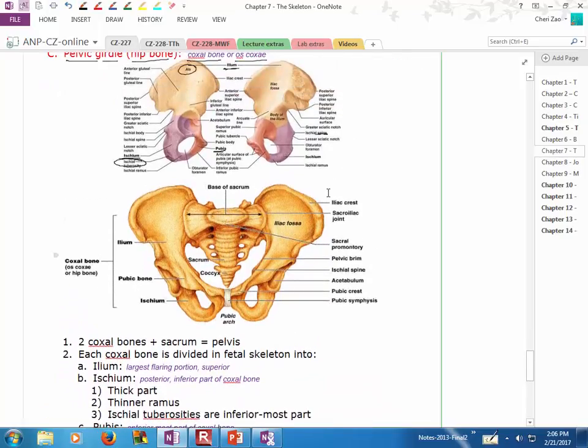If you do not have a very prominent line, what do you know about that person? That's right. They weren't walking around with lots of heavy weights on their shoulders or having to run long distances, because this line, called the gluteal line, for example, is telling you that that is one of the attachment sites for one of our gluteal muscles.